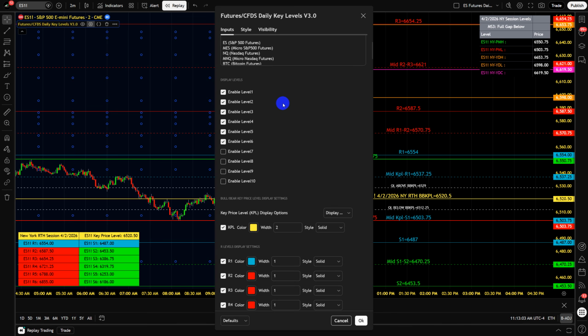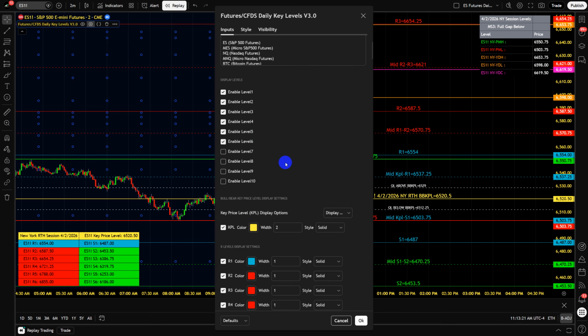Okay, so this indicator has 10 different support and resistance levels. The first 6 levels are enabled by default, as you see here.